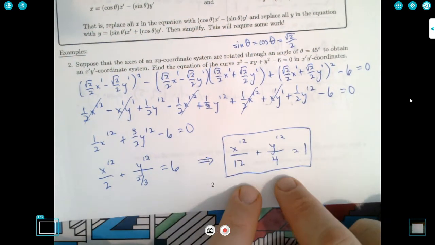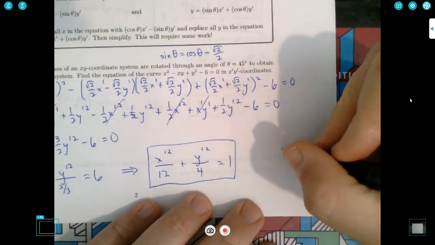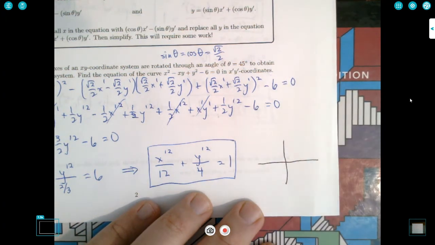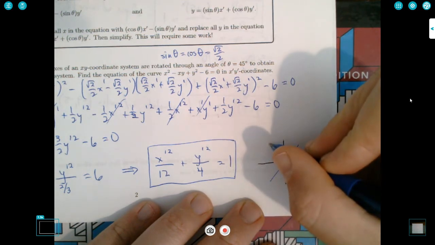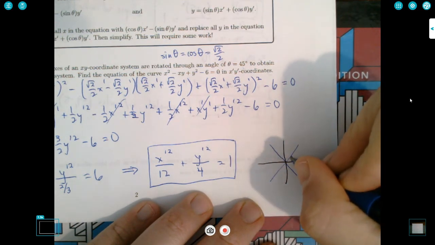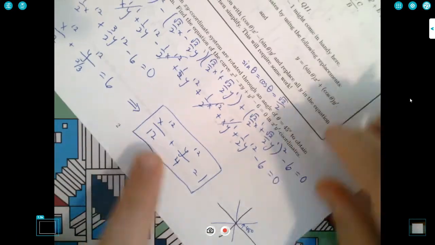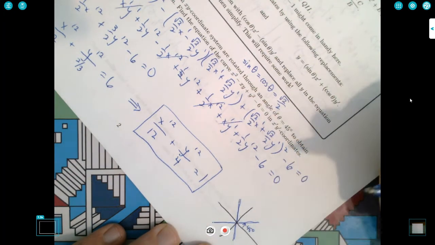To graph this thing now, what you would do is, and we weren't asked to do this, but just to kind of drive the point home, you would take this original coordinate system and rotate the axes 45 degrees. Right? And then you would graph this equation relative to this new axis system, right?